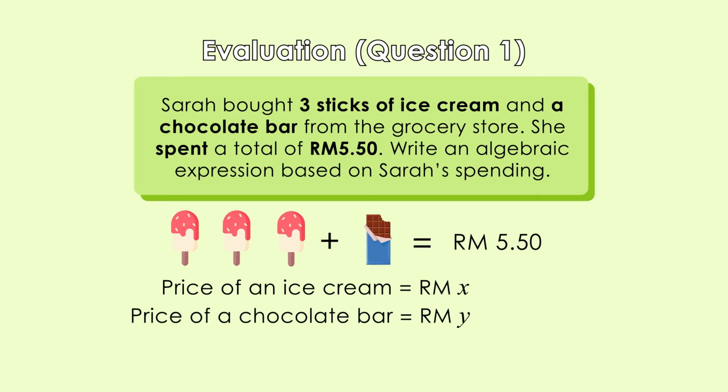The total price of the ice cream would be 3x. Since Sarah only bought 1 bar of chocolate, the total price of the chocolate bar would be y. Therefore, the equation will be 3x plus y equals 5.5.